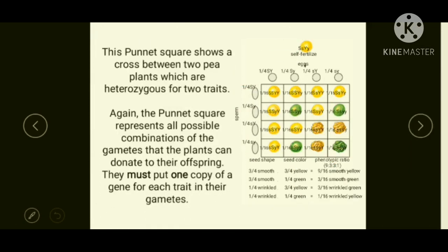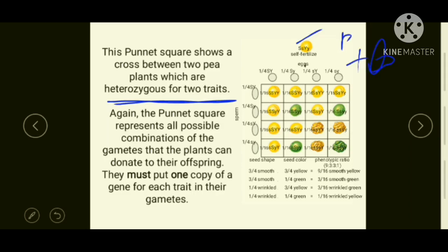The Punnett square also shows the cross between two plants which are heterozygous for the traits. For example, when we self-fertilize Ss and Yy, these are two characters, maybe plant height and flower color.